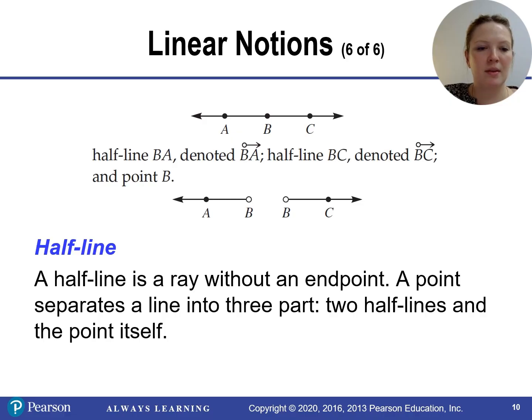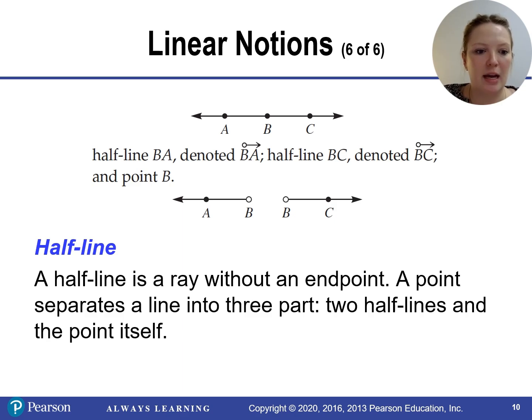We could also talk about a half line. So a half line is a ray that we've taken the end point off of and made it an open point. So a point will separate the line into three parts, which is two half lines and the point itself.